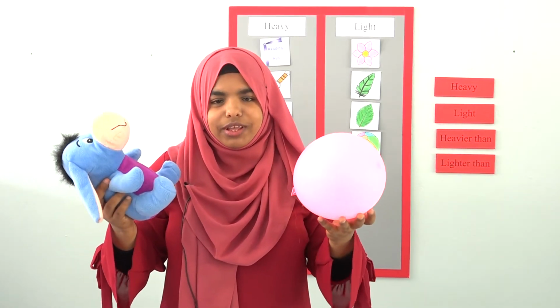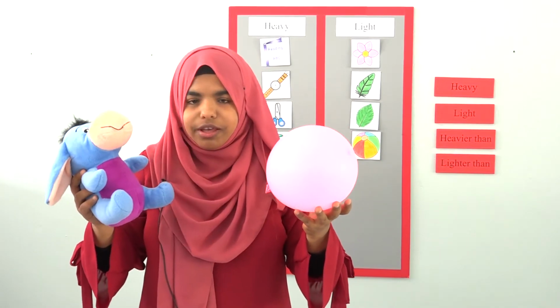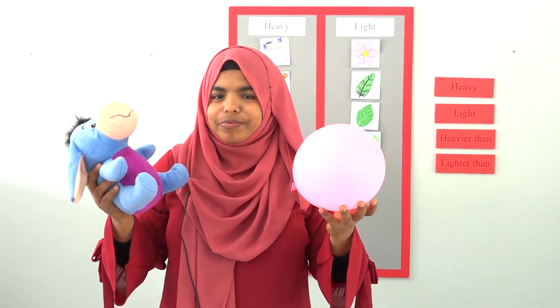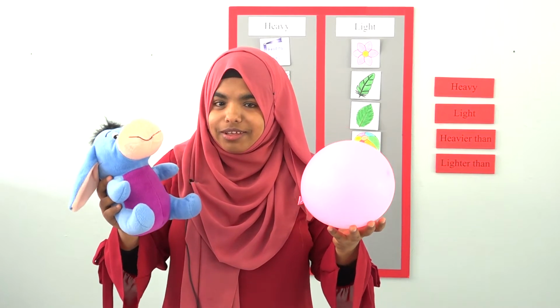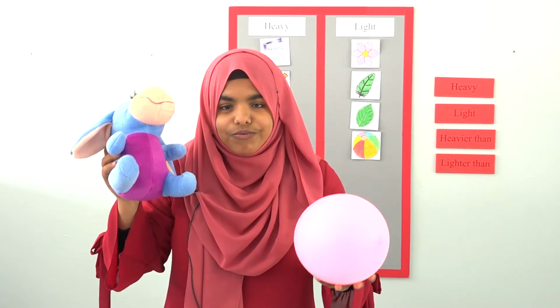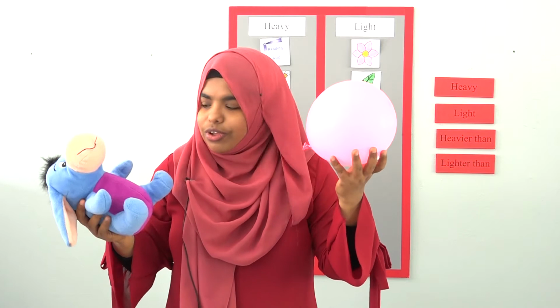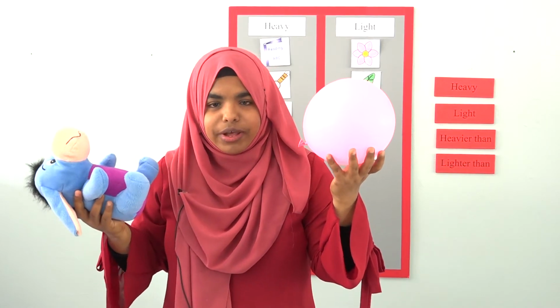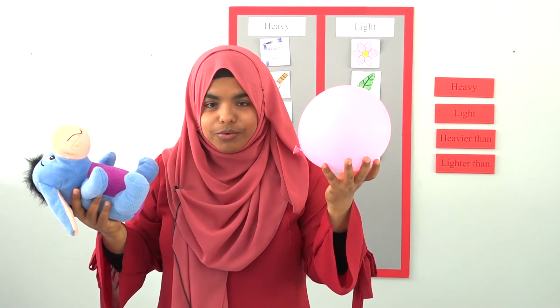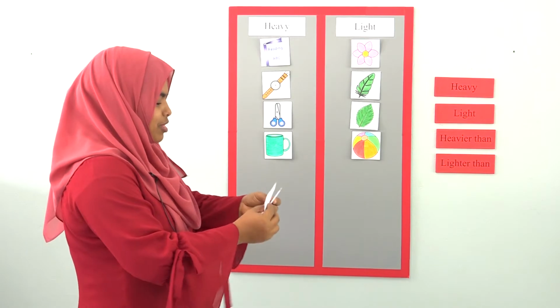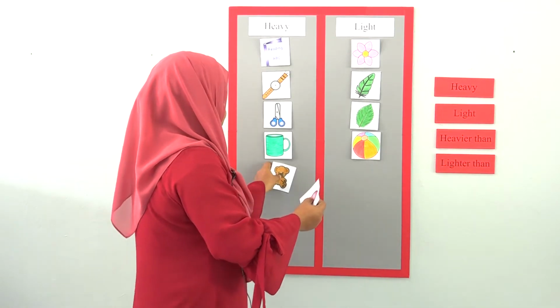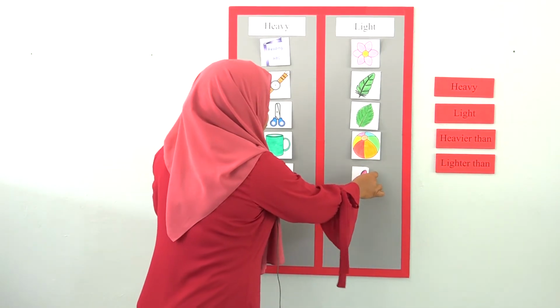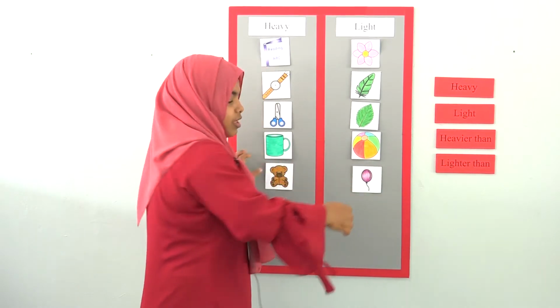Students, what do you think? Which one will be heavy? Yes, it's the soft toy. The soft toy feels heavier on my hand than the balloon. The soft toy feels heavy and the balloon feels light.